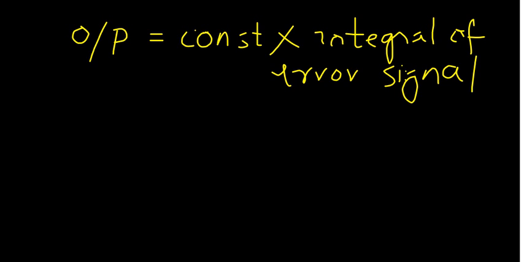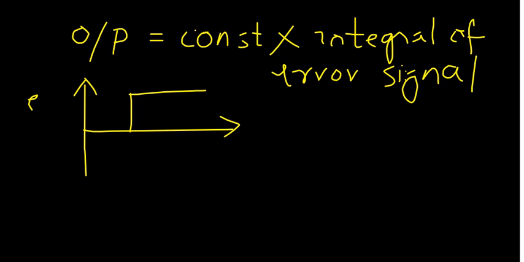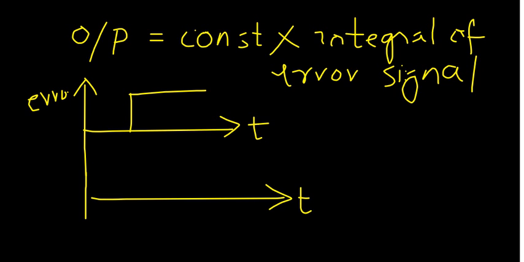Suppose this is the error signal and this is time, your controller output would become like this, and it covers the area under the error signal.